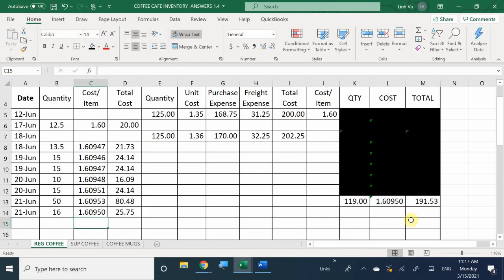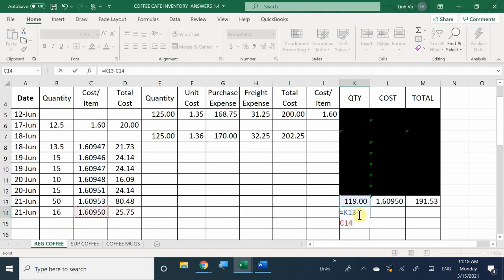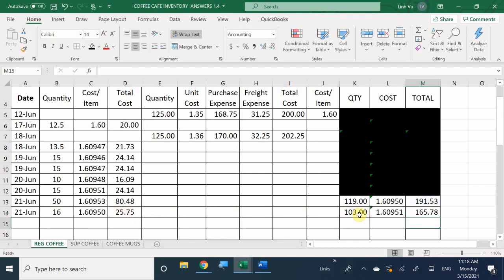So what should be my total cost here? $25.75. So let's update my inventory. Okay. I used another 16 pounds, so what should be my total quantity? 103. 103. My total cost?